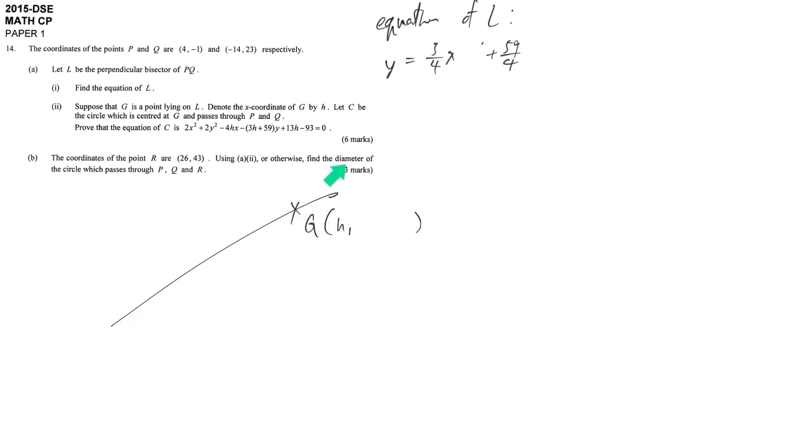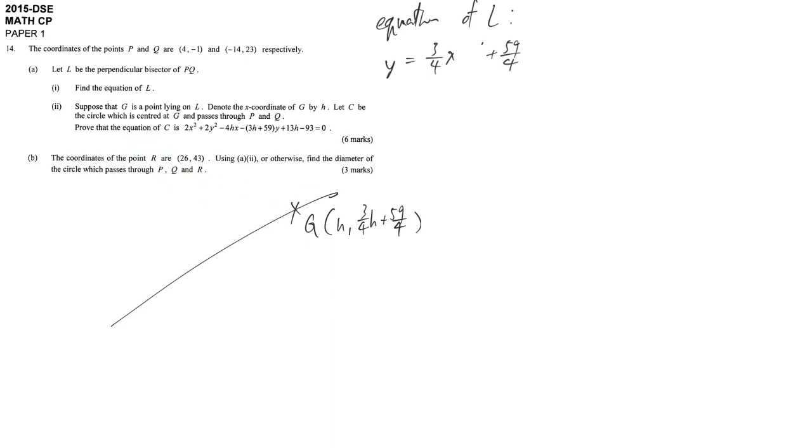They say that G is lying on this line, which means x and y fulfill this requirement. So you won't let it be k because you don't want too many variables. You will let this point be (h, 3 over 4 h plus 59 over 4). That's why I say the slope intercept form is easier to handle in the following part, because it gives you the output directly.